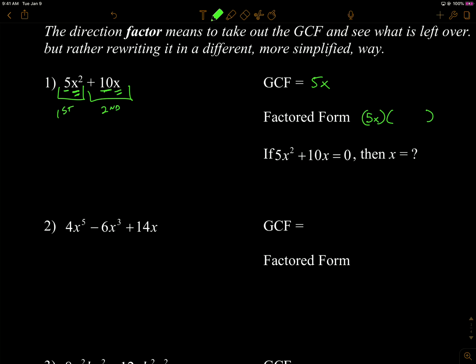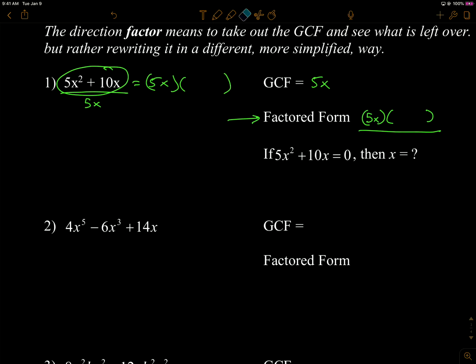So now we're doing division here. We're going to take this original guy and divide it by the greatest common factor, and that's how we can write factored form. We know that this thing is going to be equal to 5x times something else, and that's what we're trying to write over here.